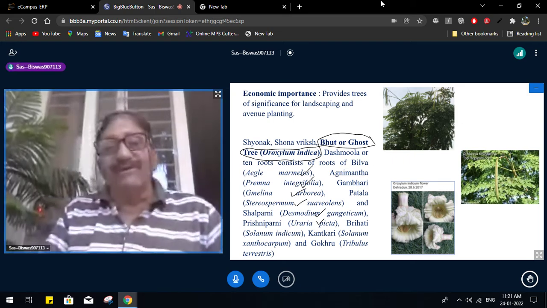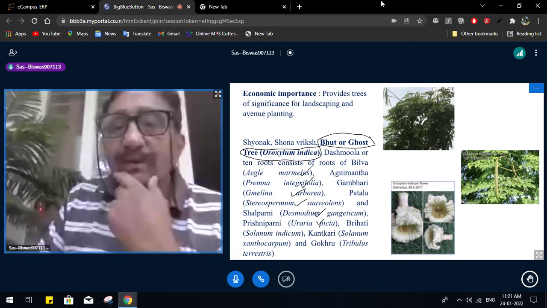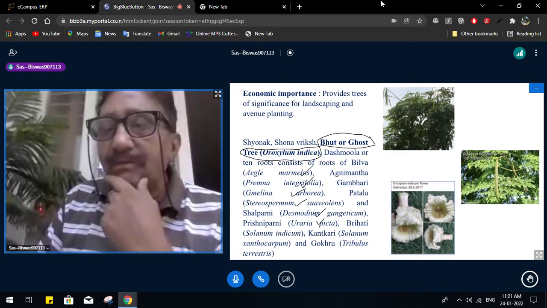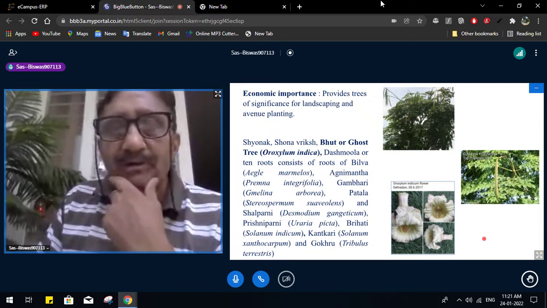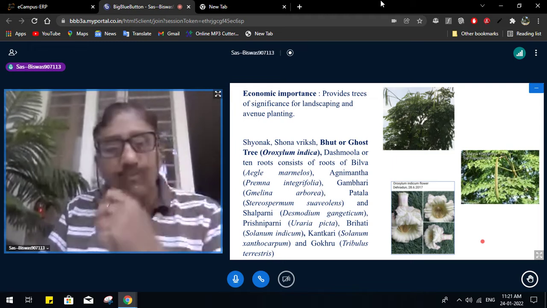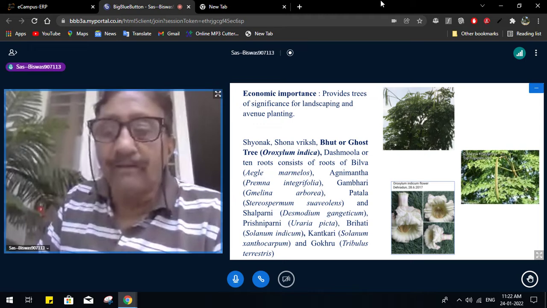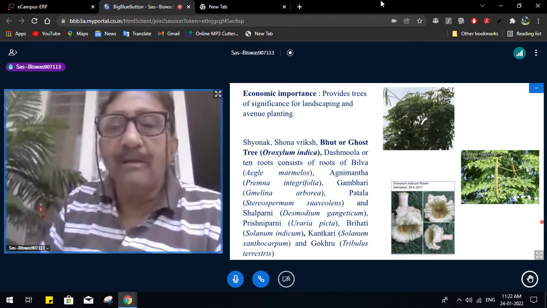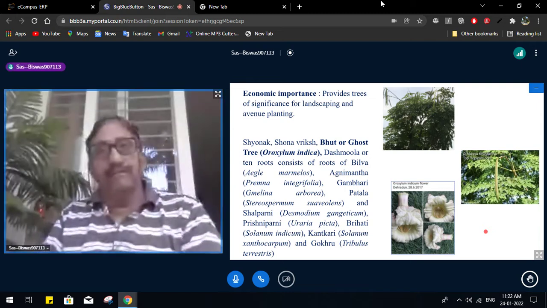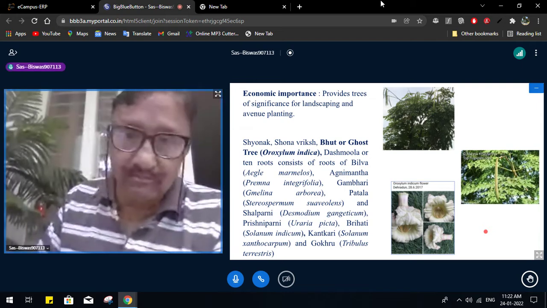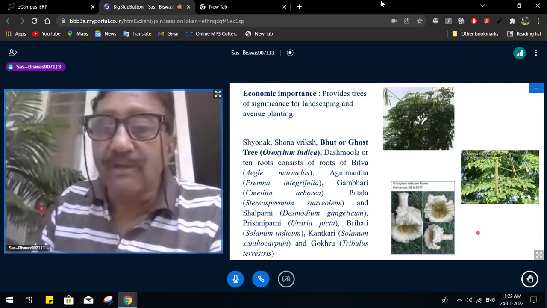And then what I was talking about, why it is called bhoot tree, ghost tree. It took me many long years to understand why it should be called that. Until I went to a very old tree, and very interestingly, I found under the tree broken bones, and the bones appear like this.